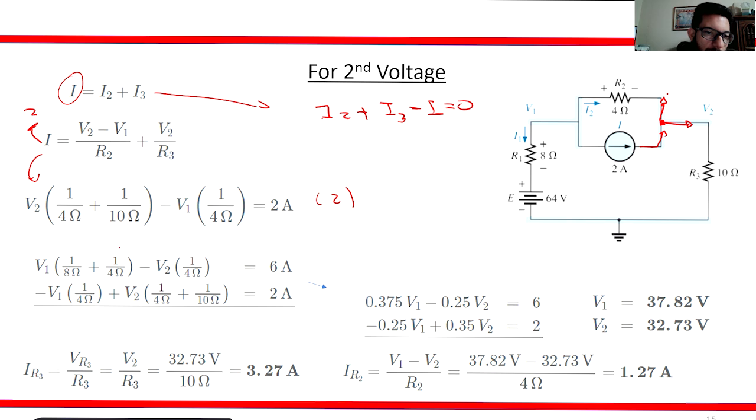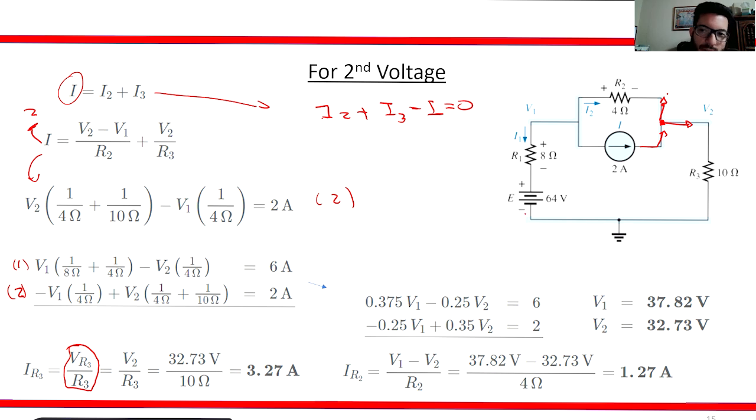So from equation 1, which we did before, and equation 2, which we just solved for, we can solve for V1 and V2. So V1 is 37.82, V2 is 32.73, and then we can just solve the currents the same way. The current through resistor 3 is the voltage drop across resistor 3 over R3. We know how to do that.